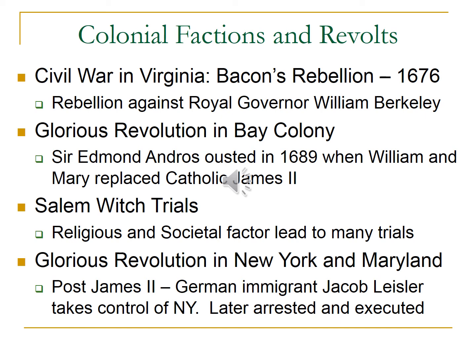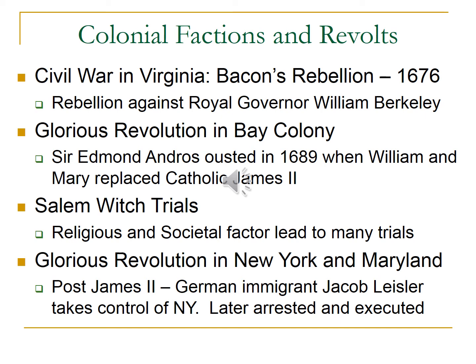Bacon wanted to establish his own militia to prevent Indian raids and to further expand and gather territory deeper into Virginia. And they were being constantly attacked and constantly having to fight the Indians.